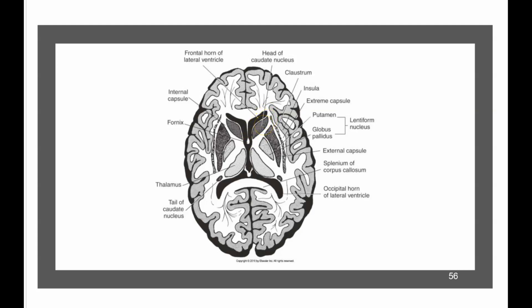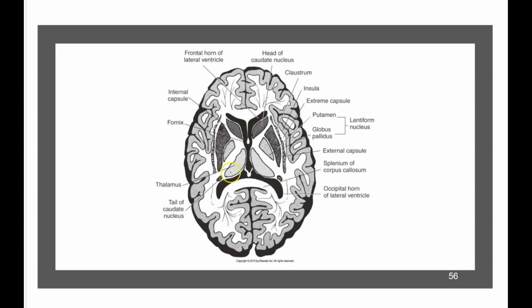So that's it. Then we come down, and you can see this is our insula. Right here is our claustrum, and the next one in is our lentiform nucleus, the two. This one right here is the putamen, and this one right here is the globus pallidus. So those are the two.